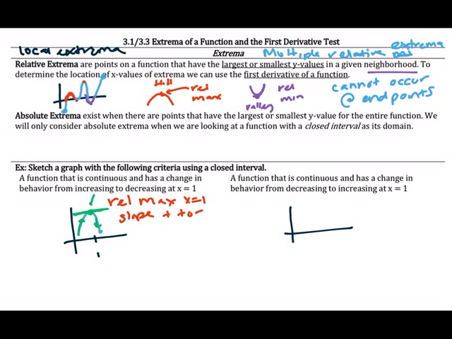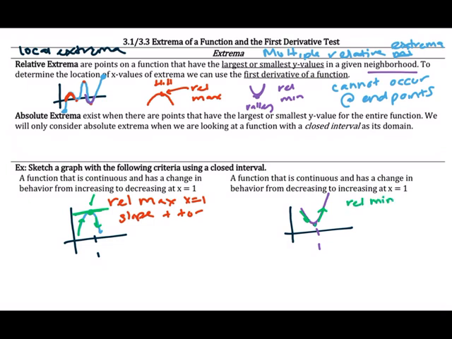For the next one, it says, sketch a function that is continuous and has a change from decreasing to increasing at x equals 1. And again, we have an extrema for the same reason. We're having a change in the behavior of the function. So if it's going from decreasing to increasing, what's happening is that we have a relative minimum.